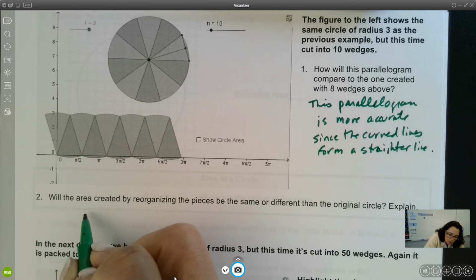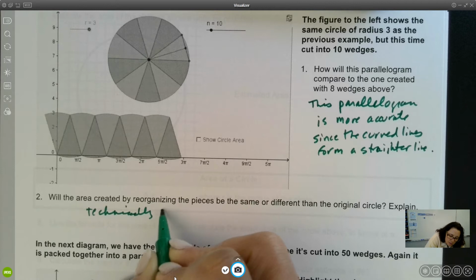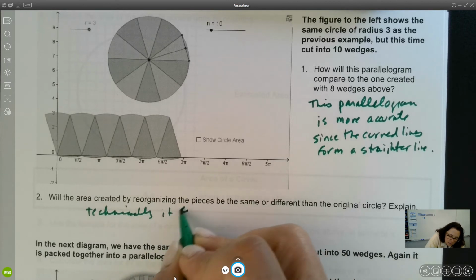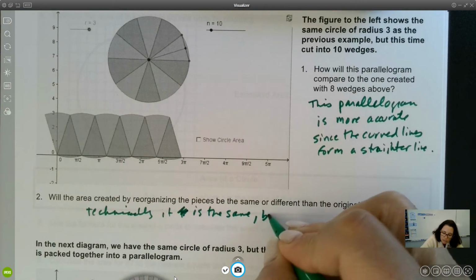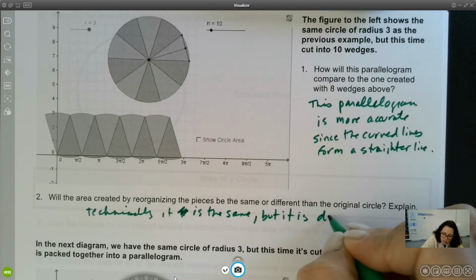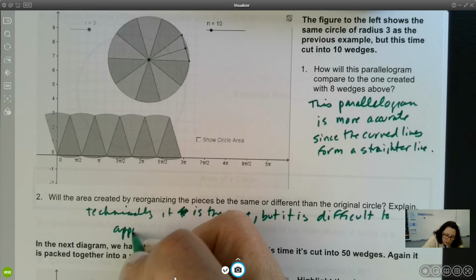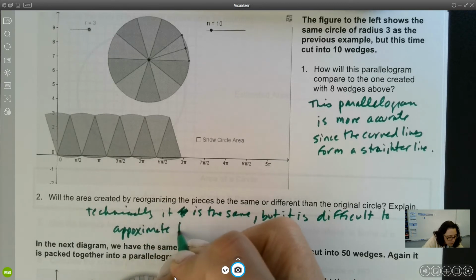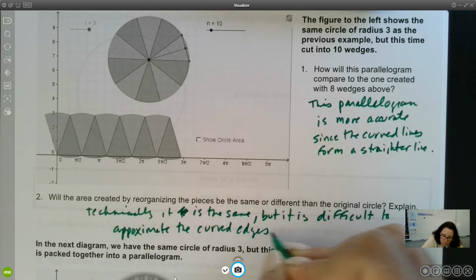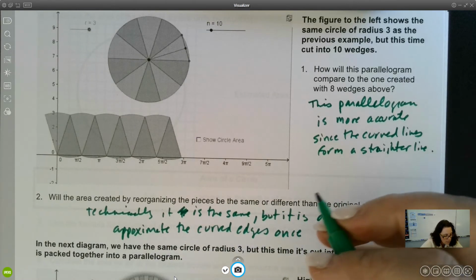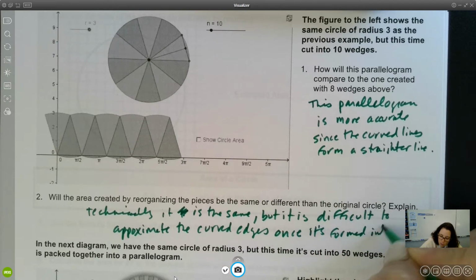So technically it is the same, but it is difficult to approximate the curved edges once it's formed into a parallelogram.